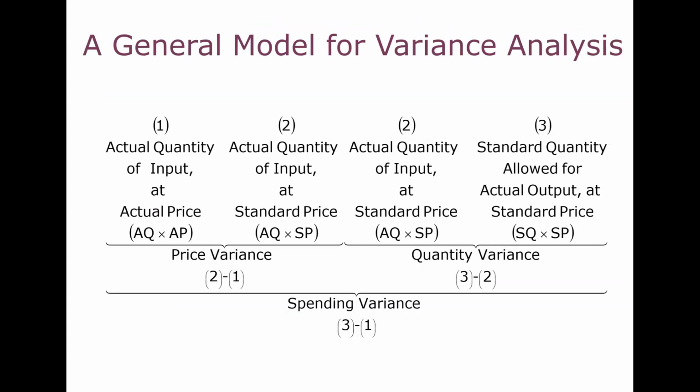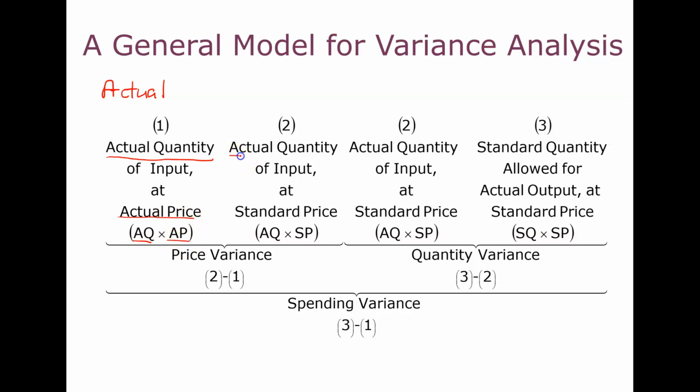Okay, here's the general model. This first part is your actual. It is your actual quantity at your actual price. How many did you actually purchase? And what was your actual cost?